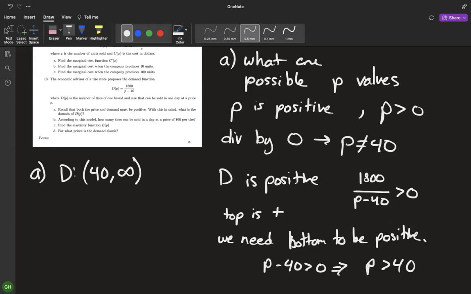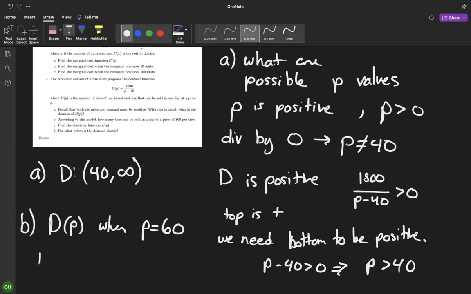All right. The next question is just, according to this model, how many tires can be sold in a day at a price of 60? This is just using the function that's given to us, right? Demand tells us the number of tires that are sold in a day at price P. So this is just asking us D of P when P equals 60.